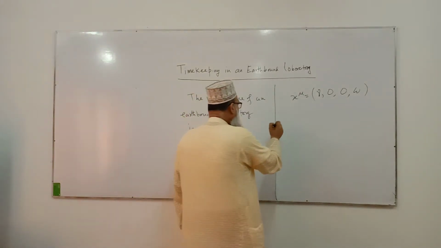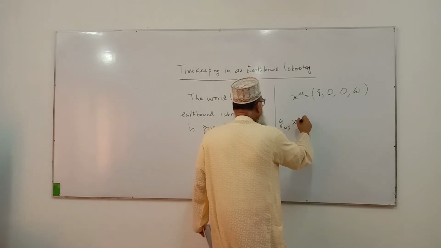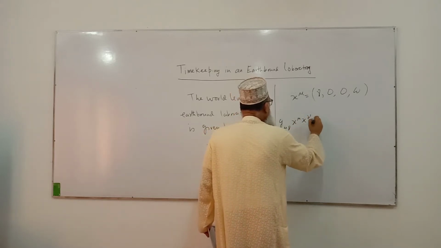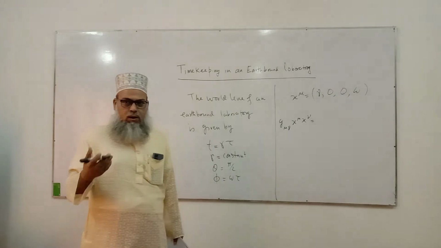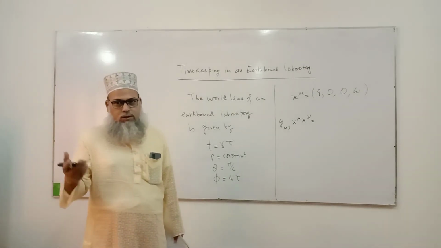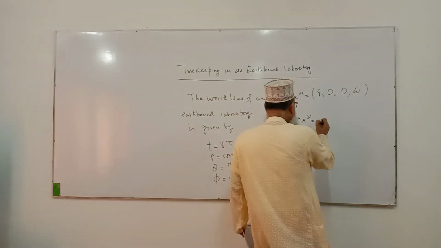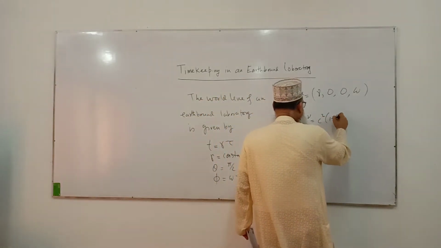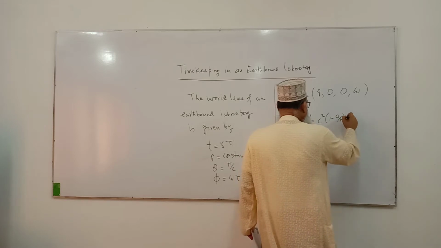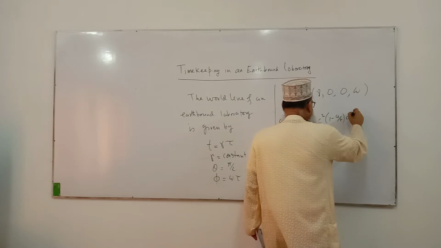Now we can write g mu nu x dot mu x dot nu. First of all, take the Schwarzschild metric. In the Schwarzschild metric, what is that? c square times 1 minus a by r, then dt square.